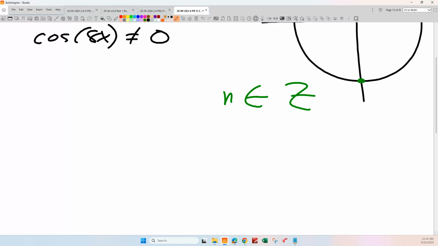If n is the set of integers, n could be 1, 2, 3, 4, negative 1, negative 2, negative 3. Multiplying any integer by 2 is going to make it an even integer, right? So 2n would be even, so therefore what would be odd?